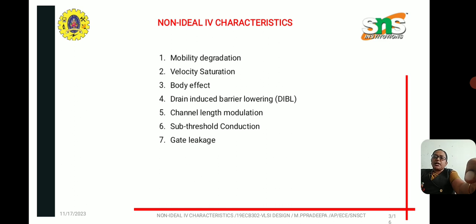So that is the ideal characteristics. Whereas non-ideal characteristics means it deals with the transistor which is in on condition. So here it deals with six to seven characteristics, that is the non-ideal IV characteristics.